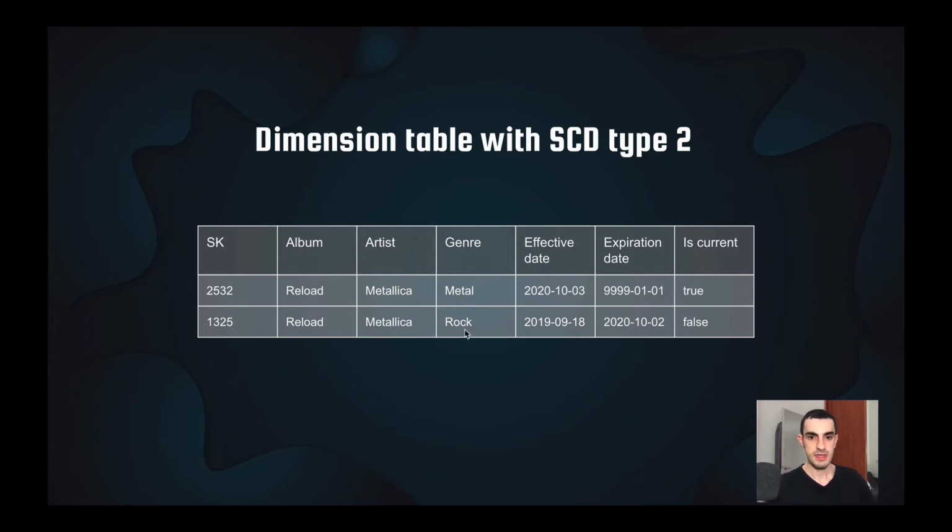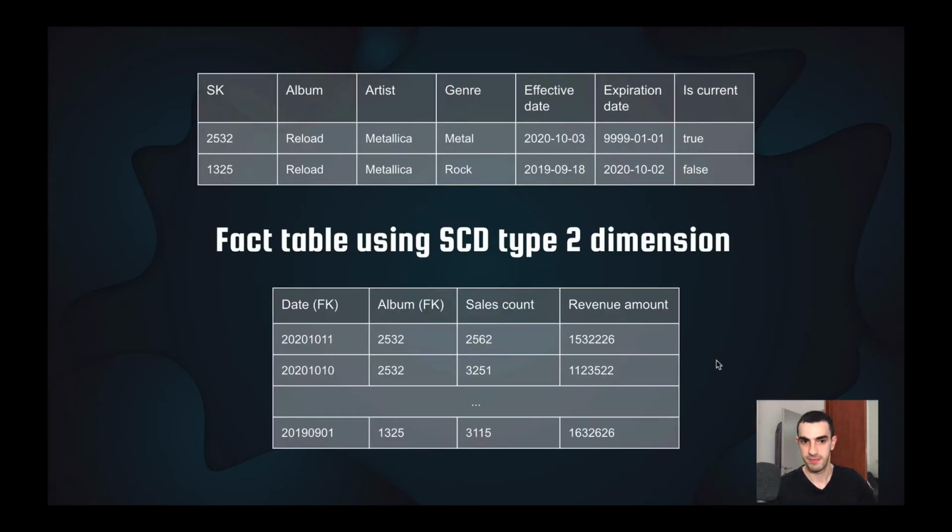So let's say the record with the rock genre was originally added in September 2019, and we changed it in October 2020. So this is the expiration date, this is the last date it was true, and then the new field was the day after that. This is the new truth, and the flag of isCurrent is here.